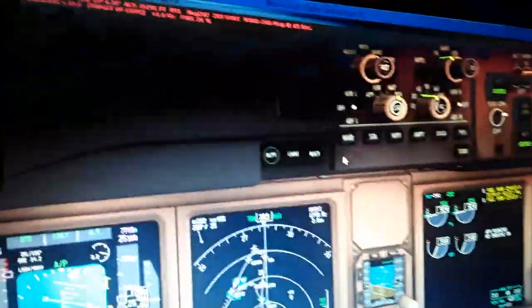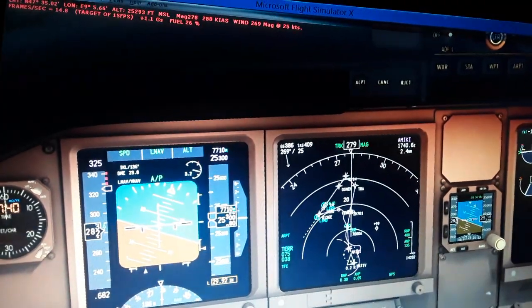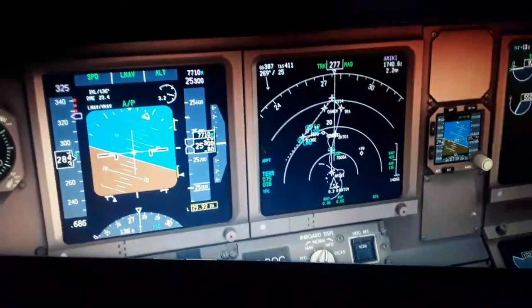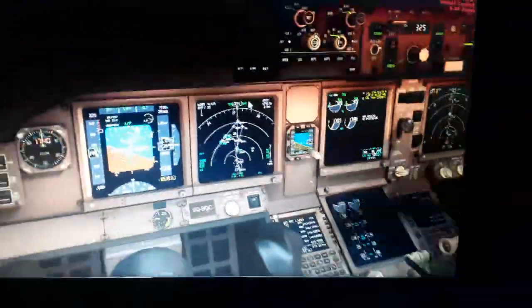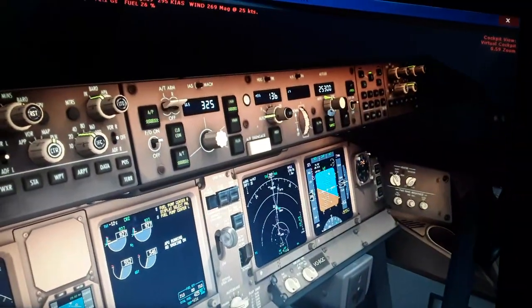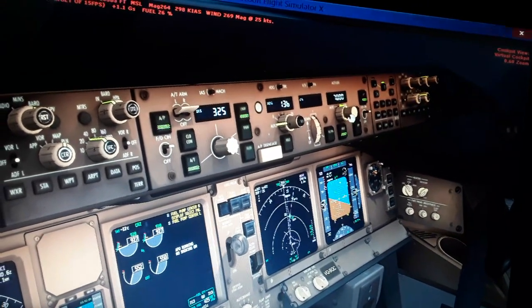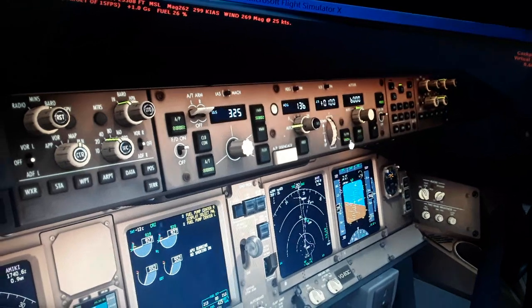And we're gonna have to start the descent now. We're flying closer to the spot. We need to start the descent path now. So we're gonna use this descent and vertical speed.